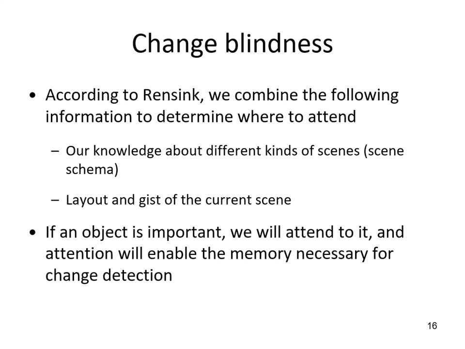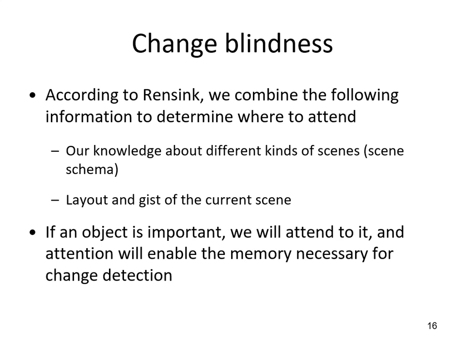Just now we were talking about how if an object is a main object in the scene, then probably we are able to detect the change, even if there is a frame in between. That's because if the changes are in the main object, then we have top-down reason to attend to that object, right?